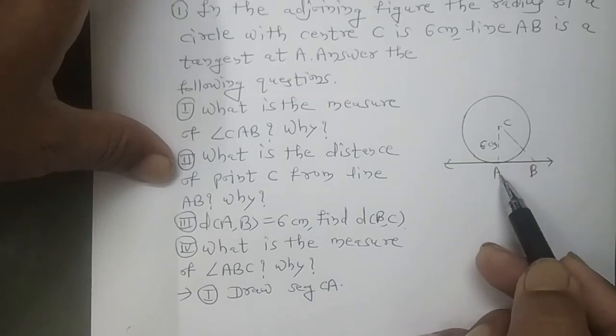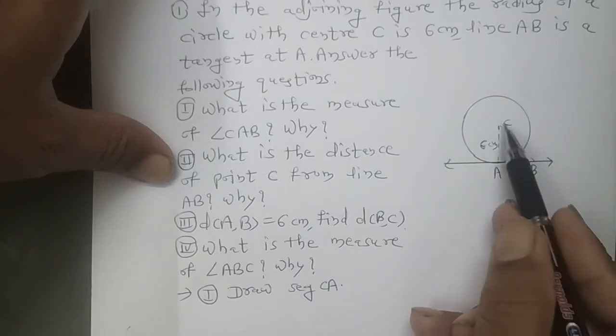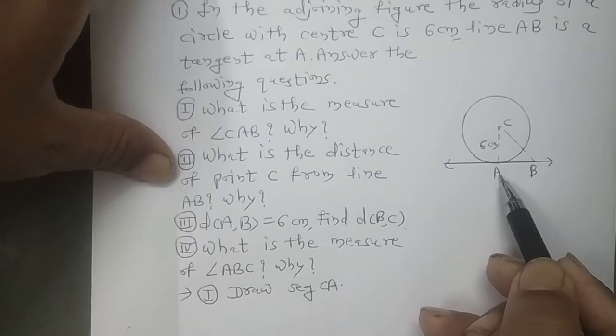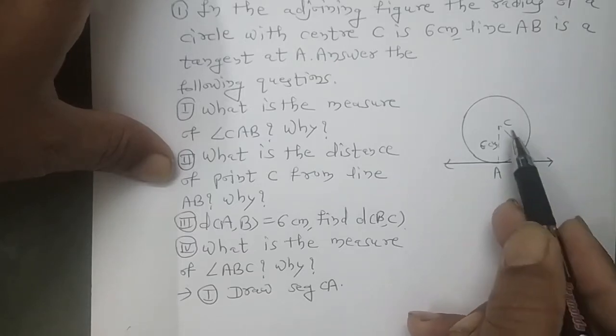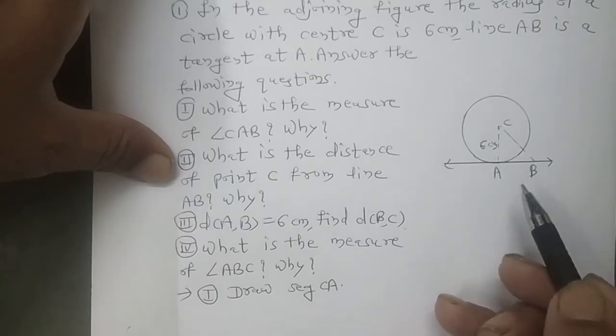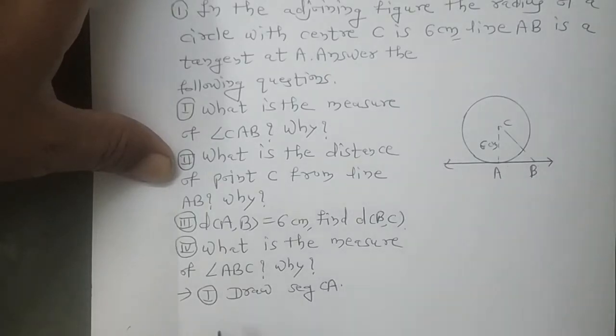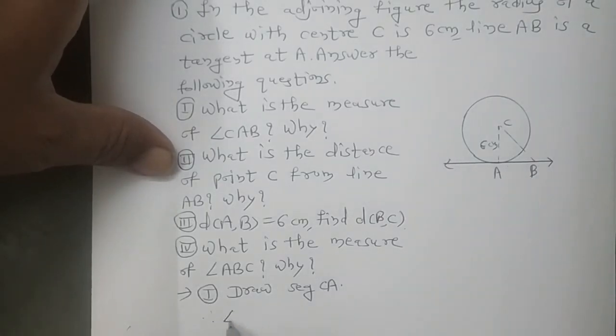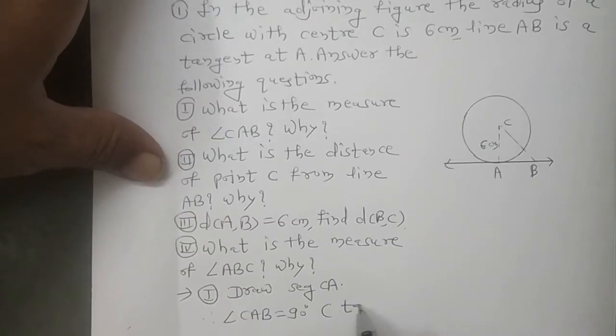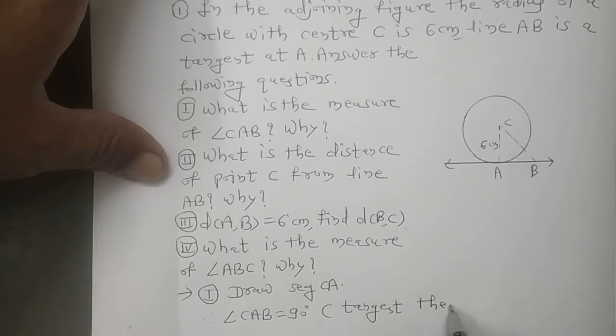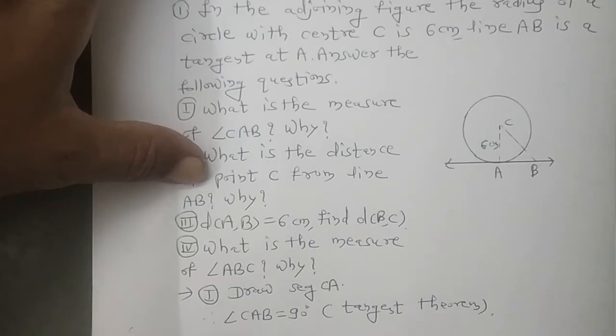Therefore, angle CAB, this is tangent, this is radius at point A. Therefore, by tangent theorem, this angle is of 90 degree. Therefore, angle CAB is equal to 90 degree by tangent theorem. This is first.